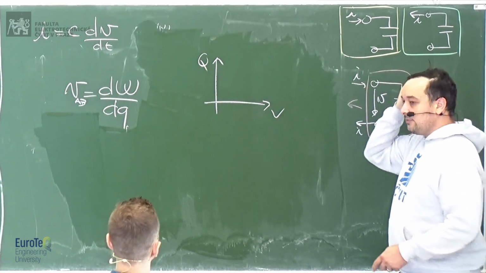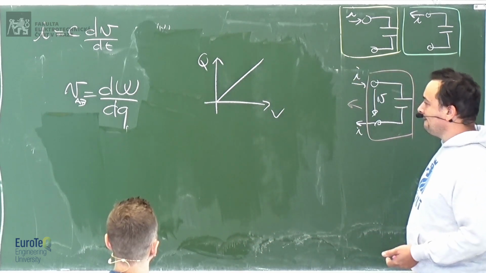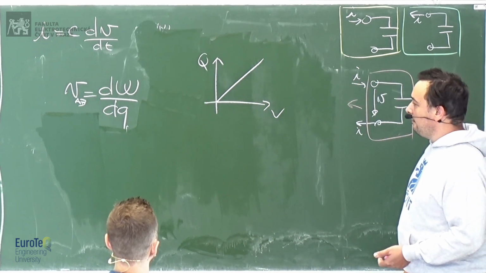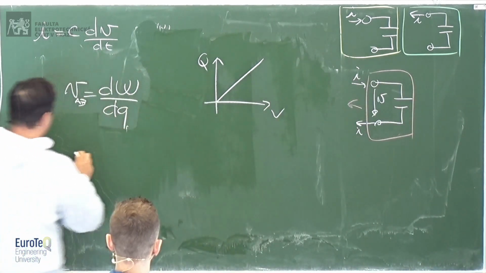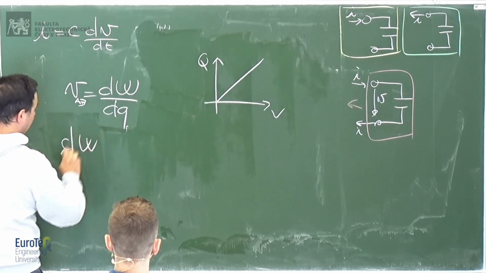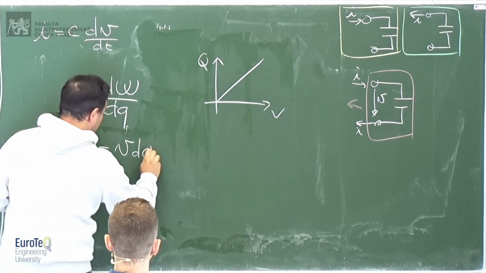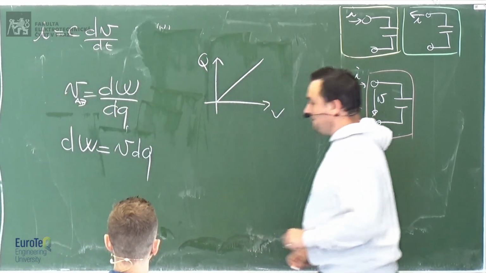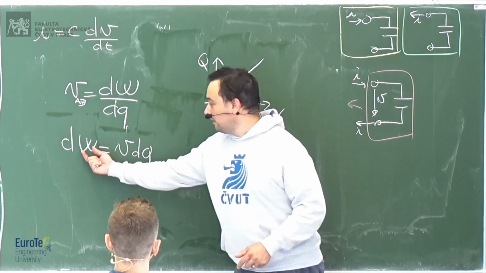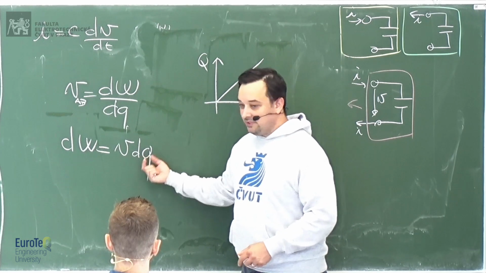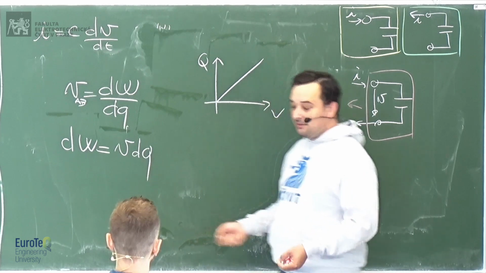That's the characteristic of the capacitor, and you know that it's linear. Let's rearrange this equation. The elementary work is V dq. So this is the elementary work that you have to make to move this elementary charge, dq, between these 2 points when there is some voltage, okay?